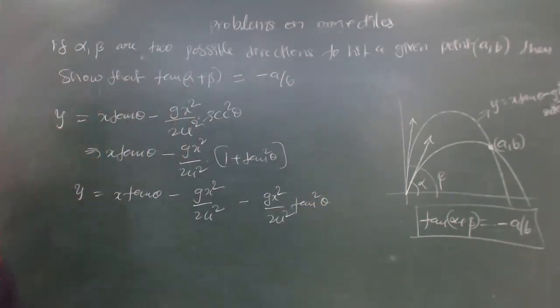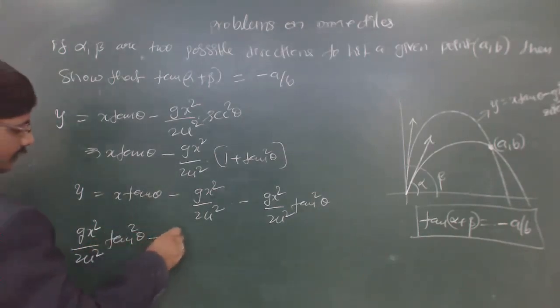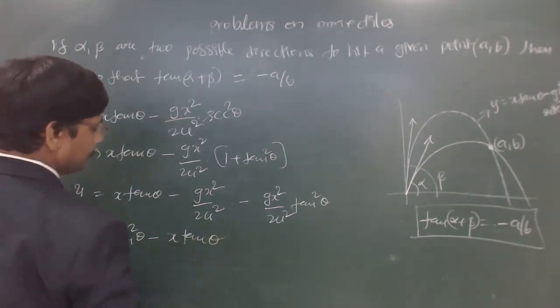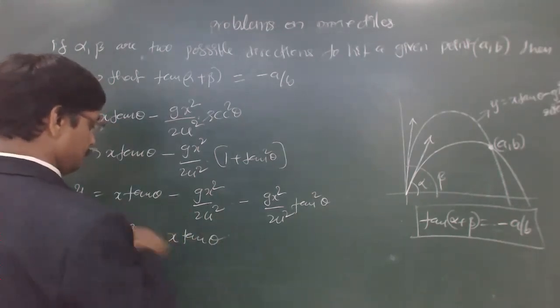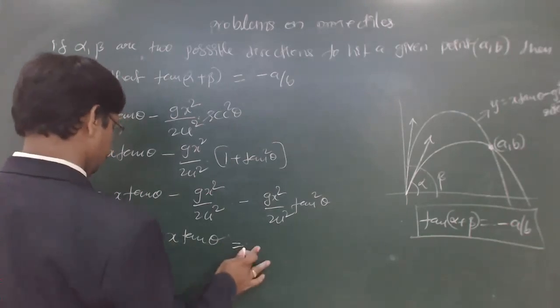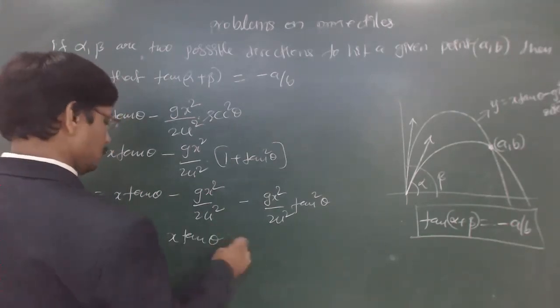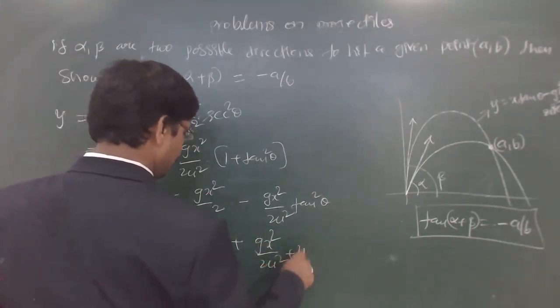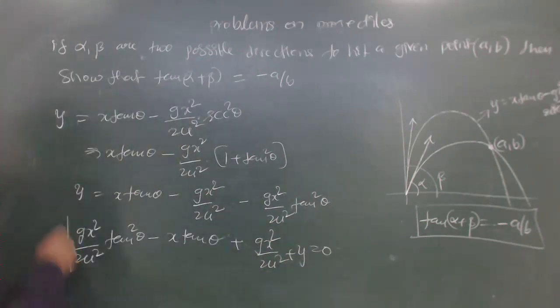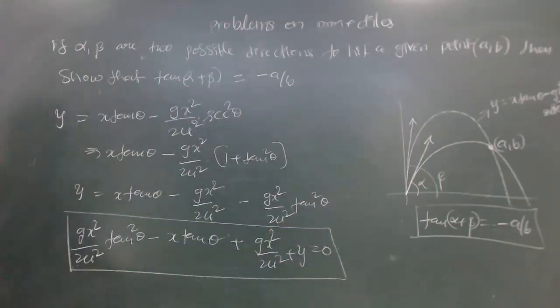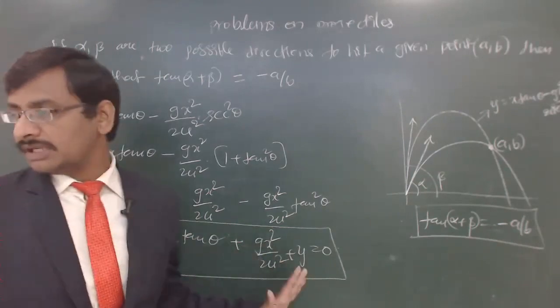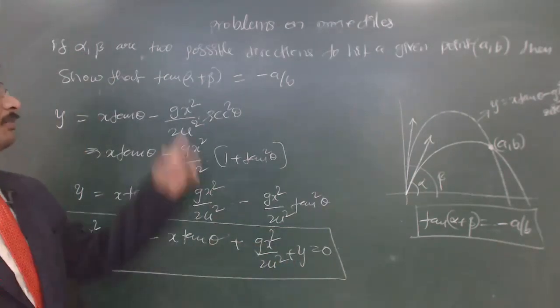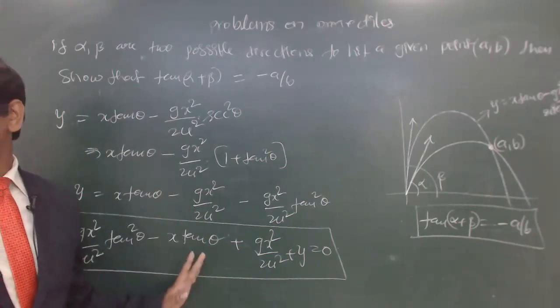If you bring this to the other side, then g x square by 2 u square tan square theta minus x tan theta plus g x square by 2 u square plus y equal to 0. Now this is actually any general projectile equation which is represented in a different format than this. The same thing is simplified to this format.